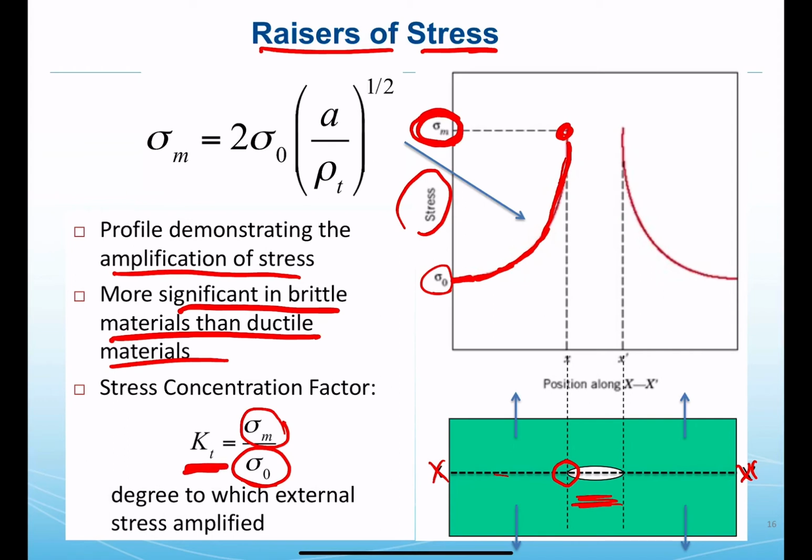That is our stress concentration factor. So if stress concentration factors are very, very high, we have a very sharp internal crack or surface flaw to give a large sigma m value as an example. Okay, so this is characterizing the degree to which the external stress gets amplified. That's the K sub T value.